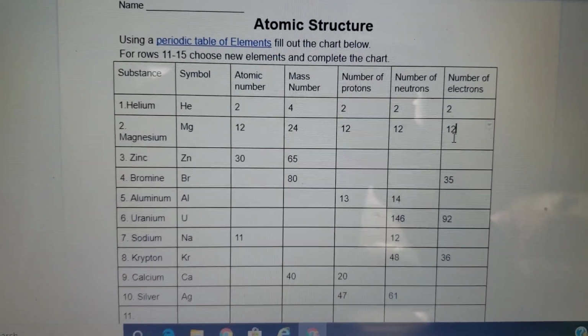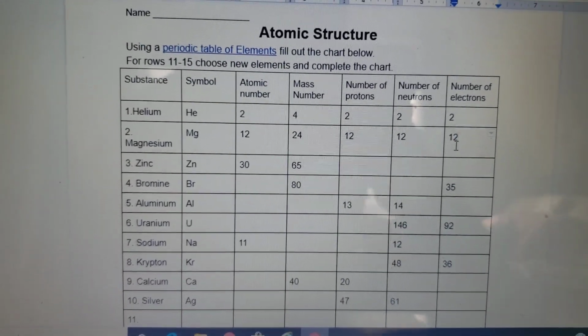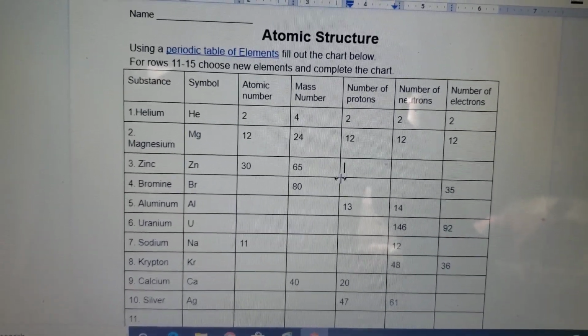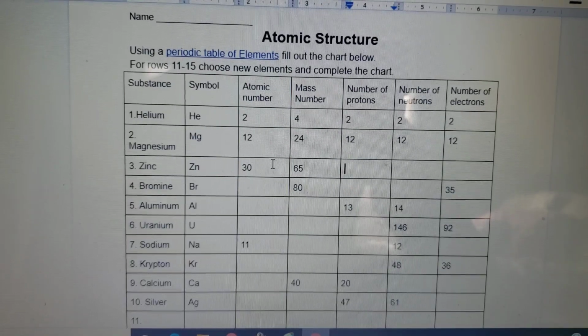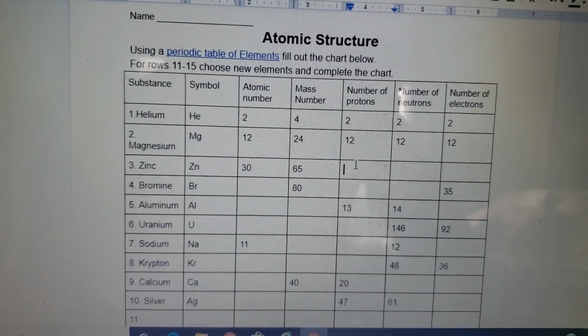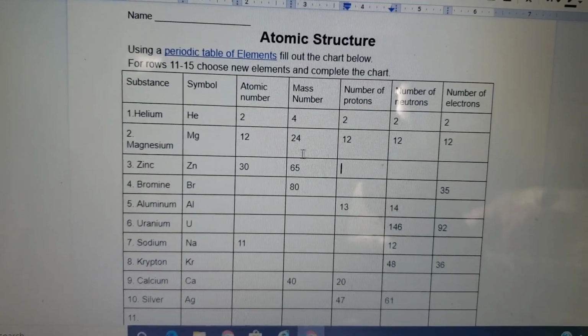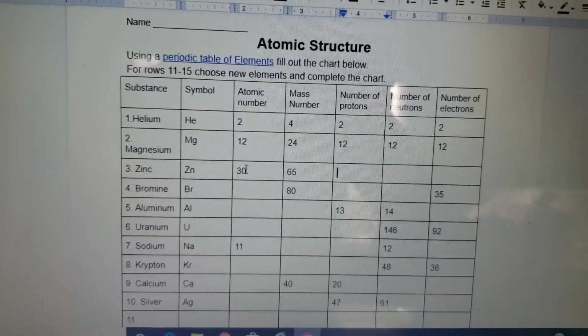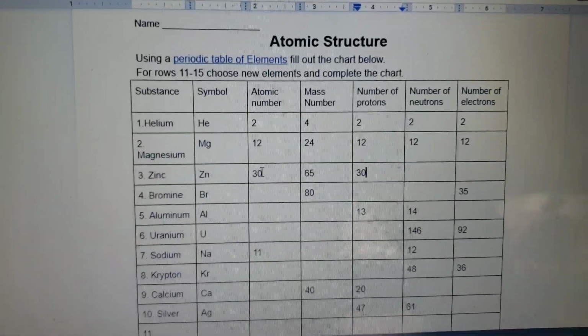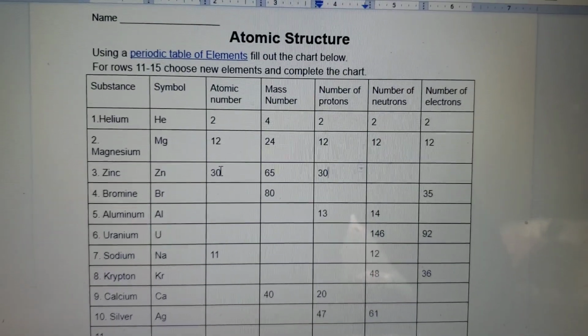Now it's not always going to be the same. Sometimes you'll have some different numbers. So here we can try zinc together. Looking at zinc, it's already given us the atomic number and the mass number. The number of protons is always the same as the atomic number, so I'm going to plug in 30 there. Then how do we find the number of neutrons?